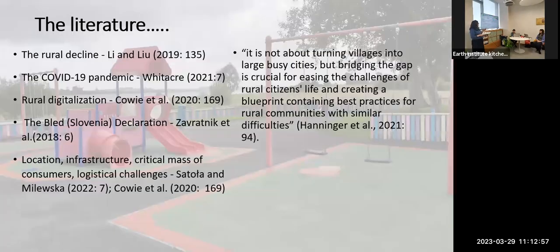So in the next slide, just to give a bit of context about where the literature is in rural areas, you hear the language around decline and change, challenge, and those are all a reality for rural areas. But I suppose if you look at rural areas from the bottom up, the language has changed to opportunity and potential.